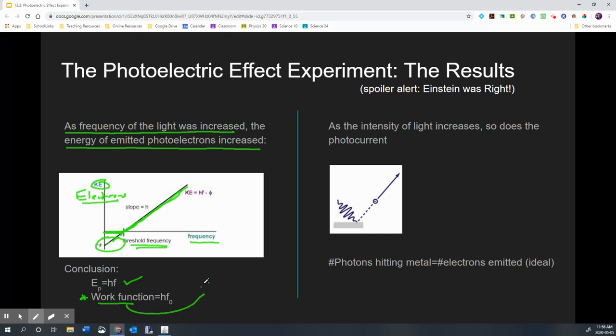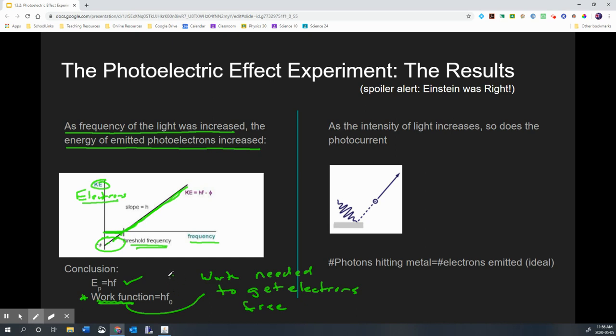And the work function is really the work needed to get electrons freed from the surface. So you imagine that these electrons are embedded in this surface of the metal, and they don't really want to leave. But if you put in enough effort, aka the work function, if you overcome the work function, we say, then you can free the electron.